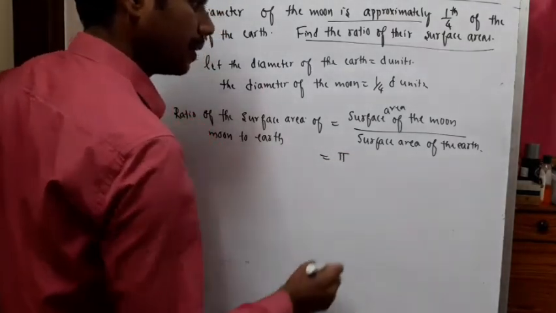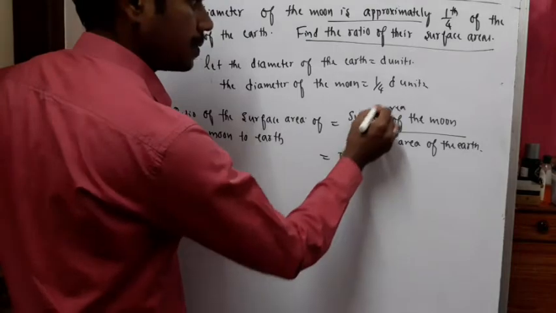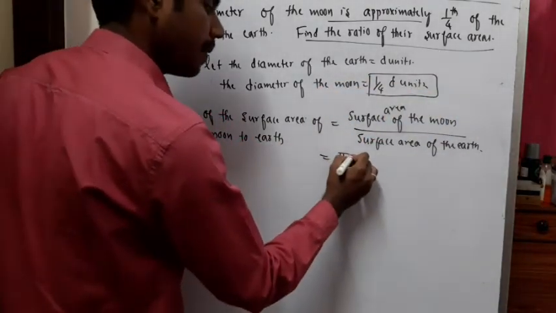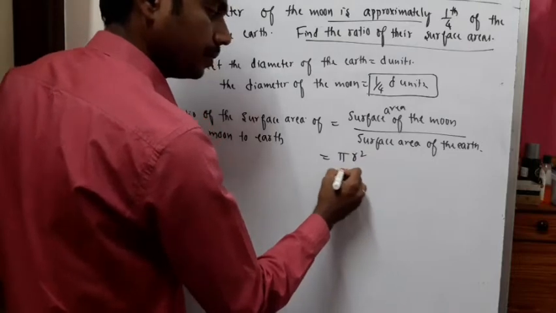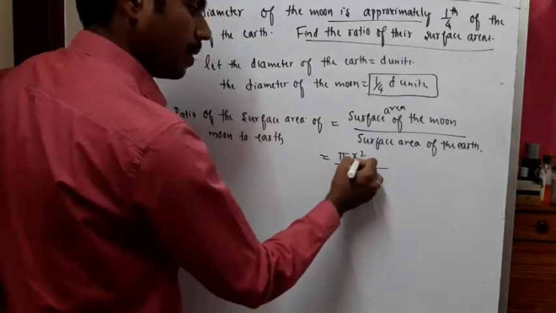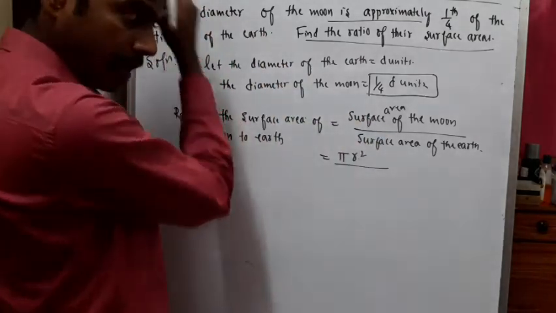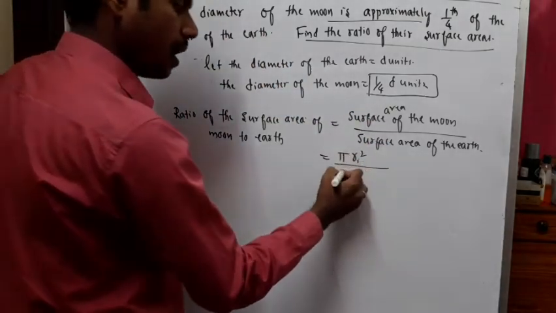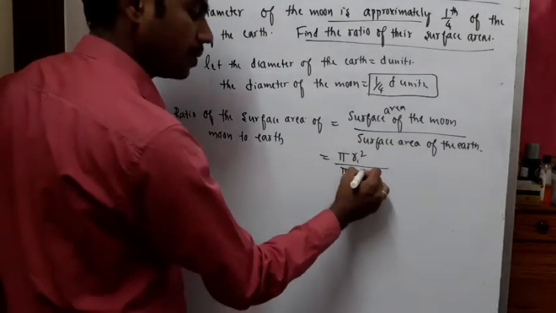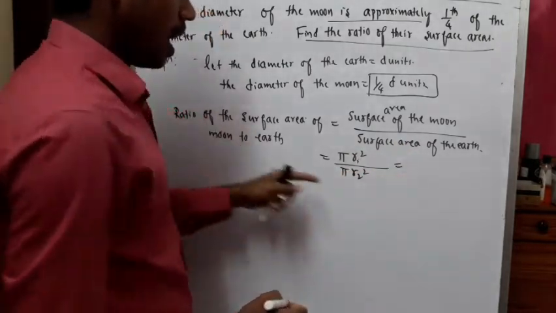Surface area of the moon can be written as pi r square divided by, so let the radius of the moon be r1 and the radius of the earth be r2, pi r2 square.